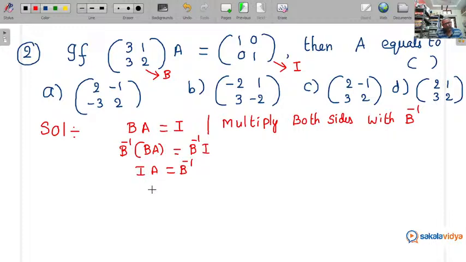The identity matrix multiplied with any matrix gives the matrix itself. So A equals B inverse.